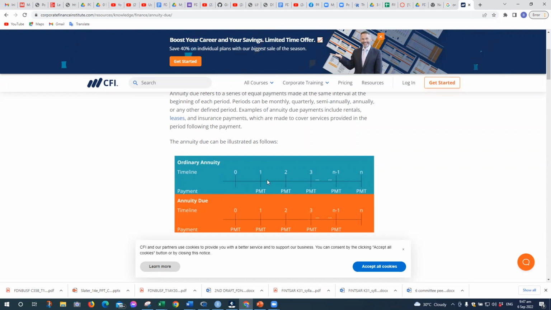So, uniformly equally spaced time periods, constant cash flow. Ordinary annuity starts at the end of the first period, and then annuity due starts at the beginning of the first period.